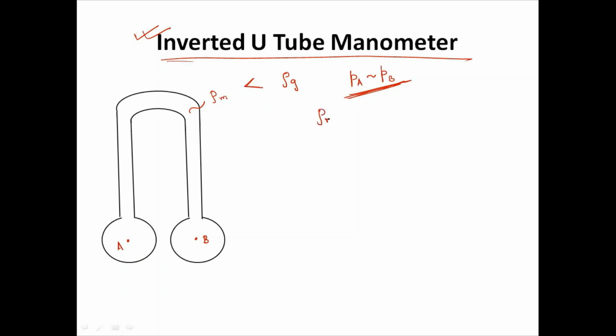Repeating, the manometric fluid density is less than the working fluid density in such cases. That gives you the advantage, because as you decrease the density of the manometric fluid, you get a more precise height. What is the condition?